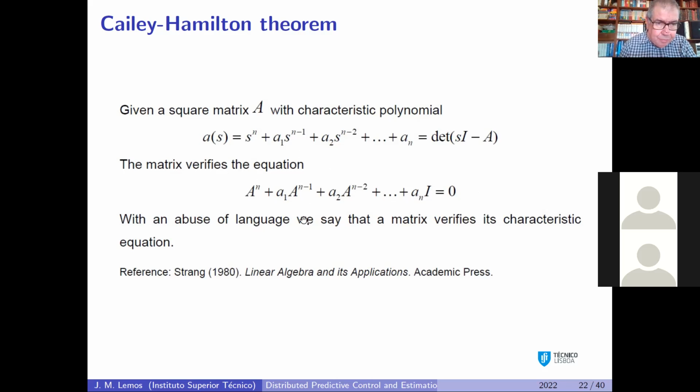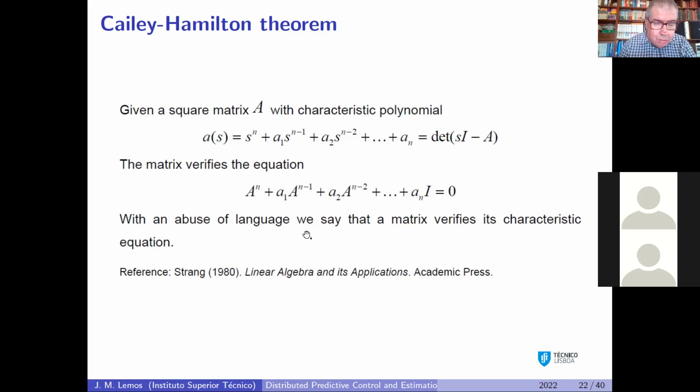And of course, it will not be difficult to find A to the n plus 1, because you can express it as A times A to the n, and A to the n is a linear combination of the powers up to n minus 1.